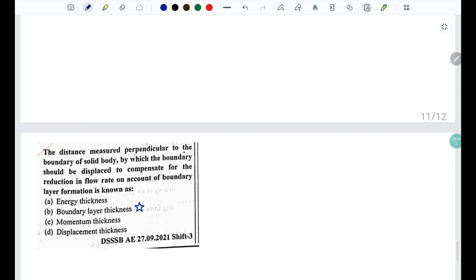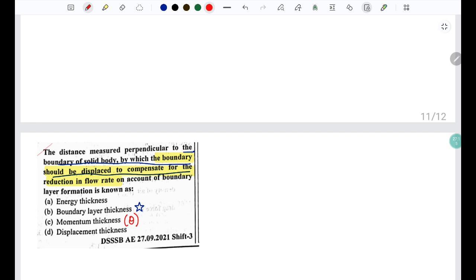The distance measured perpendicular to the boundary of a solid body, by which the boundary should be displaced to compensate for the reduction of flow rate on account of boundary layer formation, is nothing but the displacement thickness. And if for the same statement they had asked the distance by which the boundary should be displaced to compensate for the reduction in momentum, then it would have been momentum thickness given by theta.